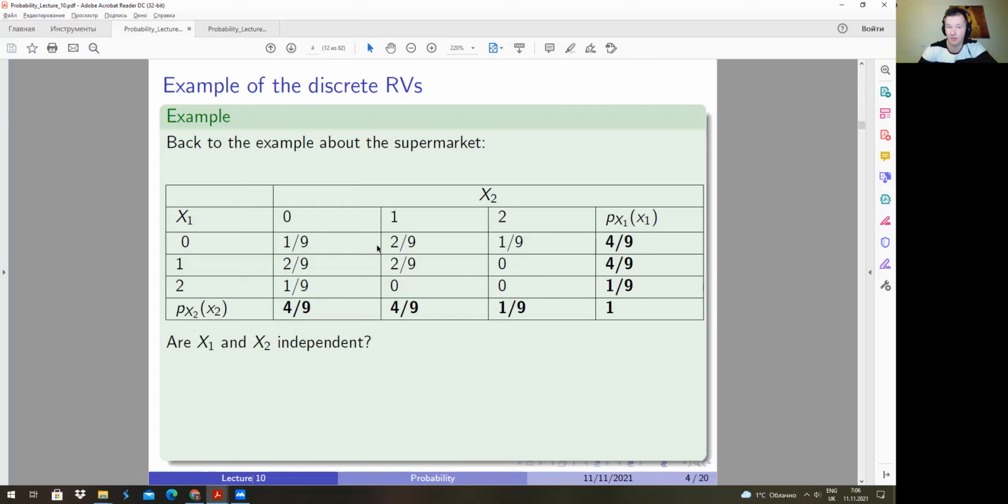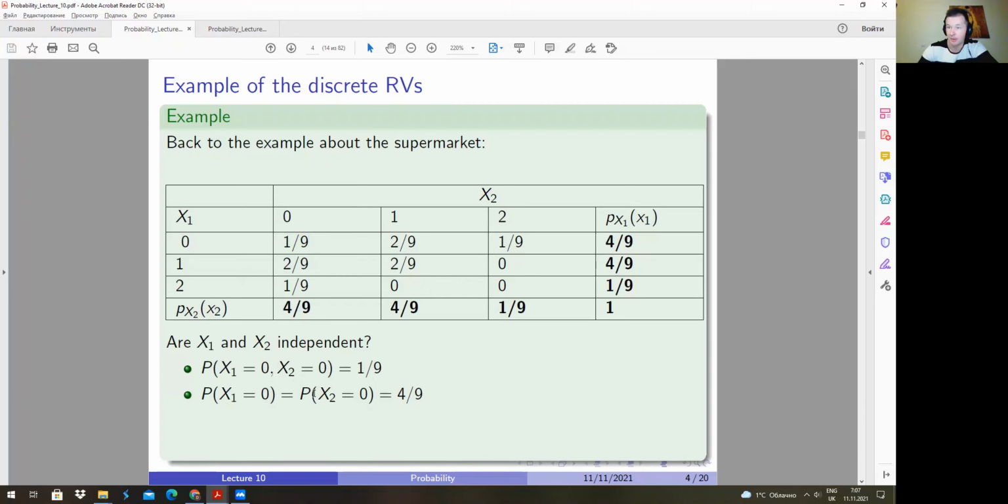So how can we formally check this? Let's take the joint probability, for example, of x1 being 0 and x2 being 0. So it's here, 1 over 9. Now we can separately take the marginal probabilities of x1 being 0. This one. This is the marginal probability of x1 being 0, 4 over 9. And this is the same marginal probability of x2 being 0, 4 over 9.